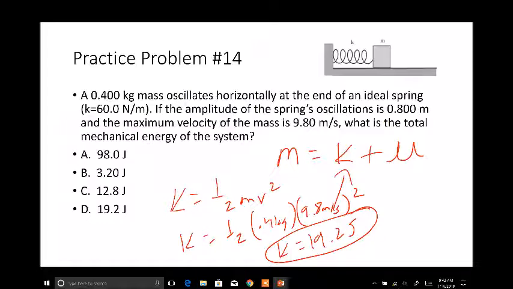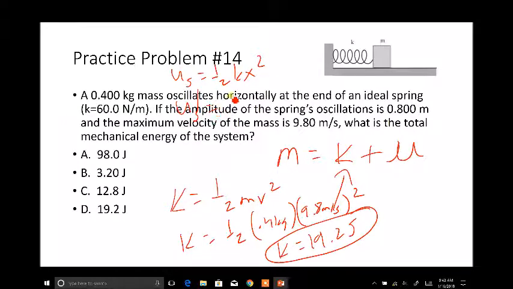Now, also remember, we could calculate this another way. At the amplitude, which is the maximum displacement away from equilibrium, whether we're talking about the compression or stretching of the spring, all of the mechanical energy is in the form of elastic potential energy. So we could use 1/2 kx squared.